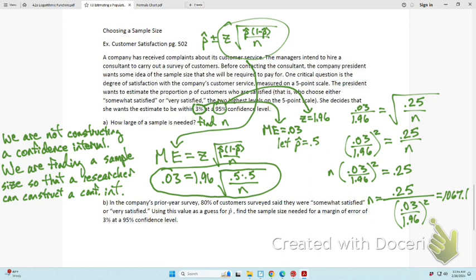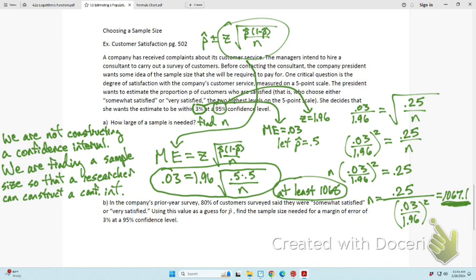So I need to round up. Just remember that. I need to round up to 1068. If I were you, I would write down the decimal answer as well to prove that you knew what you were doing. But to be honest, all you have to do is write the two things I circled.